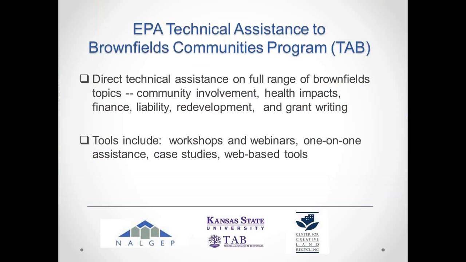The TAB program provides assistance on the full range of brownfields matters, whether it's community involvement, financing techniques, liability issues, health impacts, redevelopment planning, grant writing, and other items. And this technical assistance is provided through workshops, webinars, one-on-one direct assistance, web-based tools, and also through case studies, amongst other things.